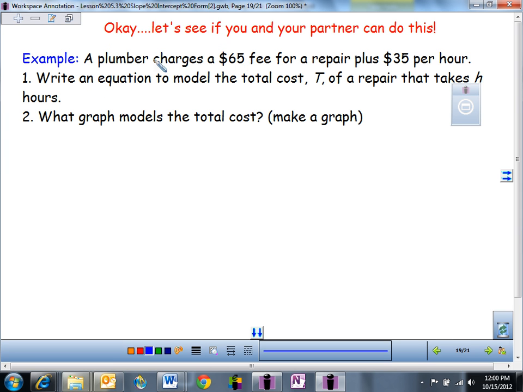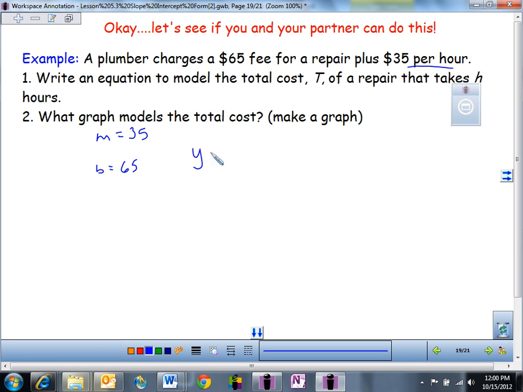Let's try another one. A plumber charges a $65 fee for a repair plus $35 per hour. Write an equation to model the total cost of a repair for each hour. So we have to have an M and a B. So B is something that just happens once. So there's a $65 fee that happens once, and then it's $35 per hour.